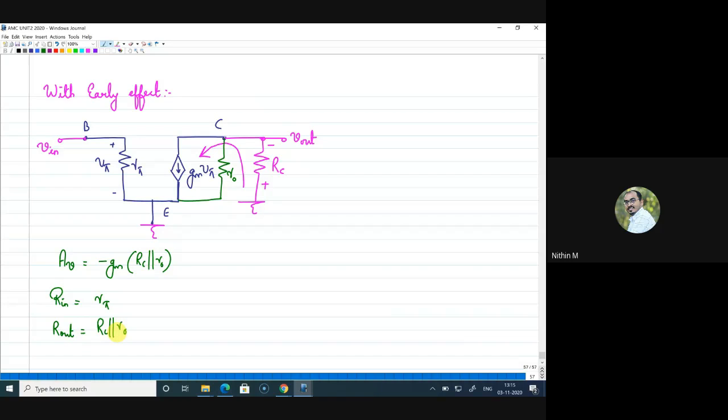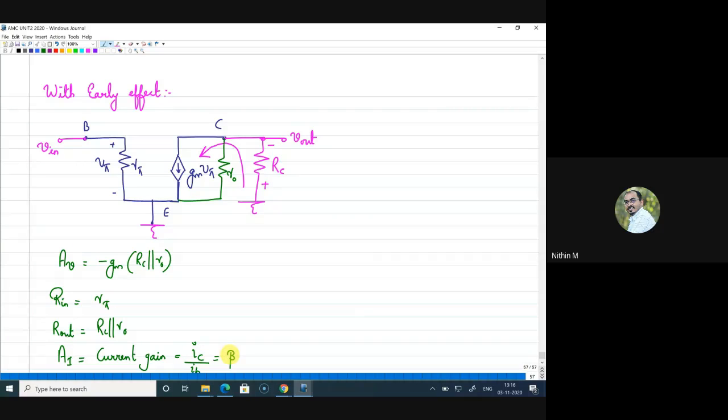Right. So apart from all these things, one more additional parameter we look at in circuits, especially common emitter circuits, is something called current gain. We call it AI, the current gain. So current gain is output current by input current. Output current here is IC. Input current will be IB. IC by IB is nothing but beta.